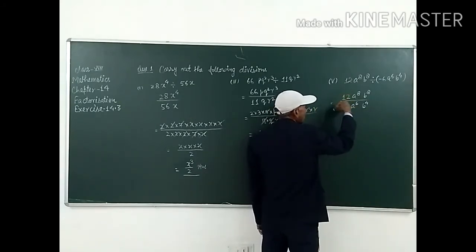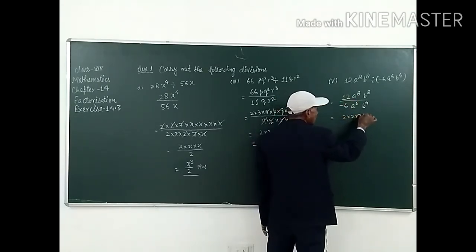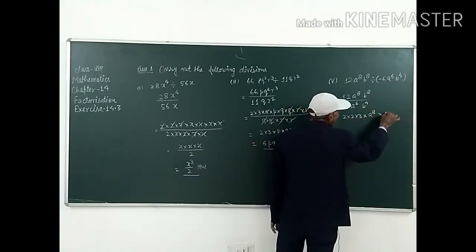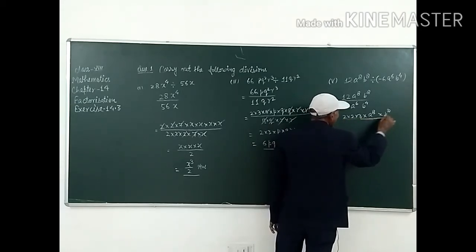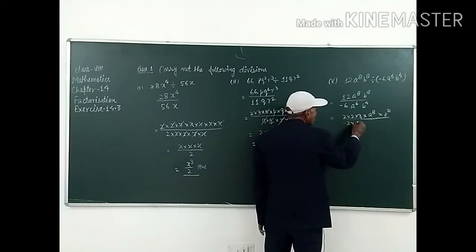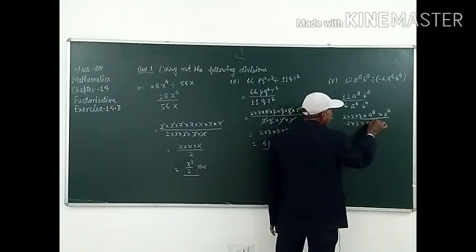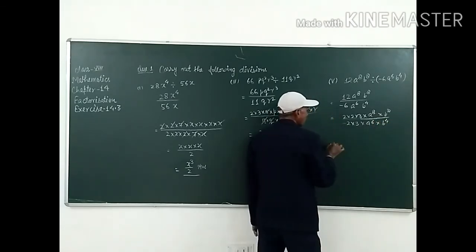And in the next step we have to find the factors of 12, that is 2 into 2 into 3 into a to the power 8 into b to the power 8 and divide this by this one minus 2 into 3, 2 threes are 6 and it will be minus 6 into a to the power 6 into b to the power 4.